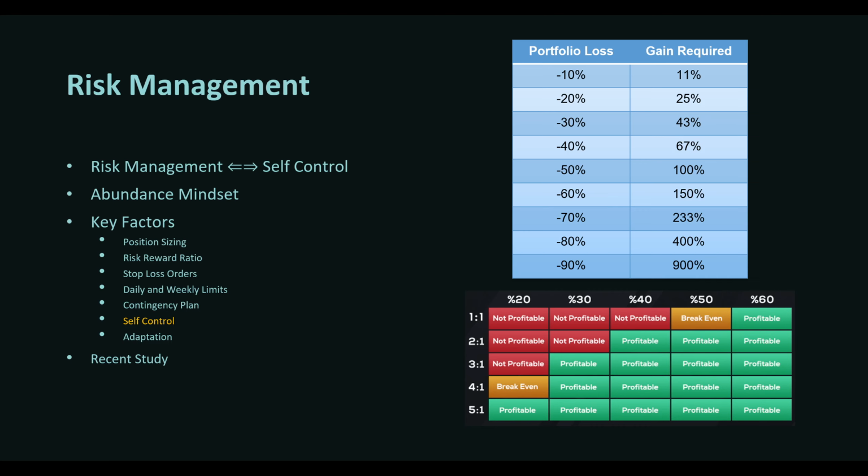All right, next is going to be a study, but one more thing, just on key factors, I would say that these are what I deem as most important. I'm not saying this is everything, but I think by integrating these elements, you can shift from more of a gambling mindset to a systematic approach, right?